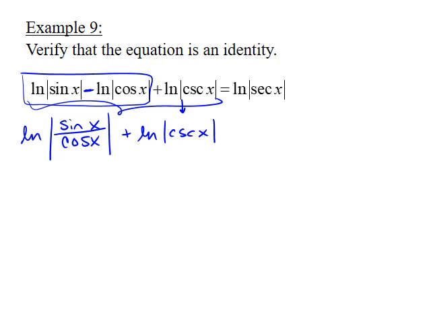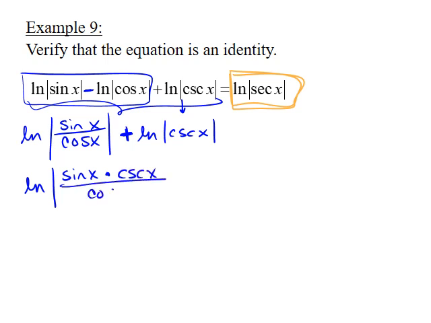Now take a moment and see where we're trying to head. Okay. All right, well, these are all natural logs, so I can write this again as a single logarithm. Remember, this plus means multiplication, so I can write this as sine of x times cosecant of x all over cosine of x.